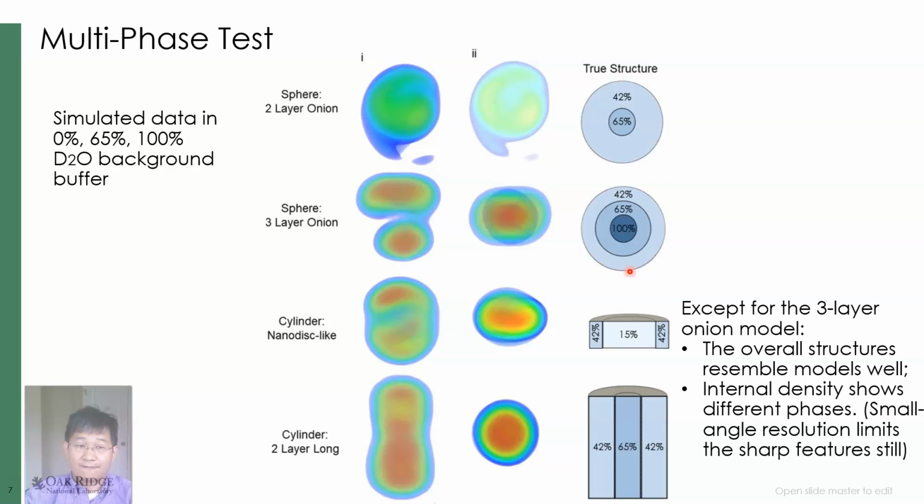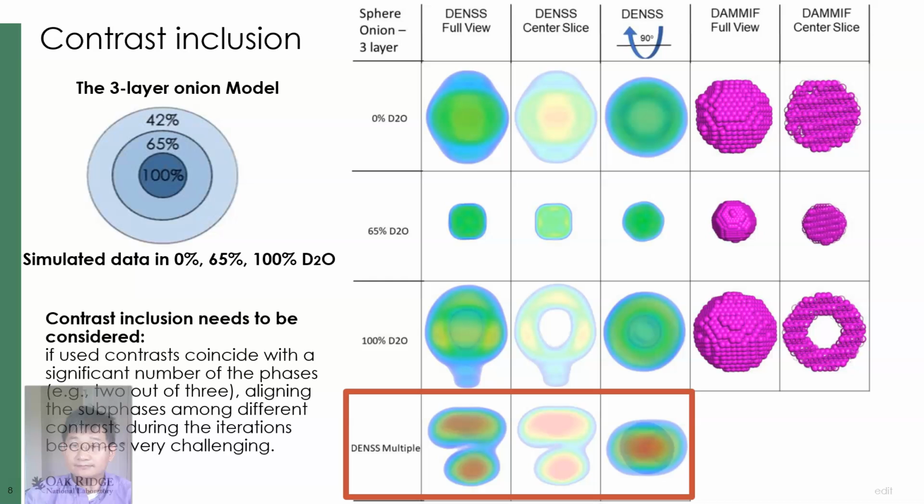This example brings up an important point of phase contrast inclusion in using DENSS. So here we demonstrate that the use of different contrasts needs to be considered carefully, especially for those contrasts that match out a component completely.